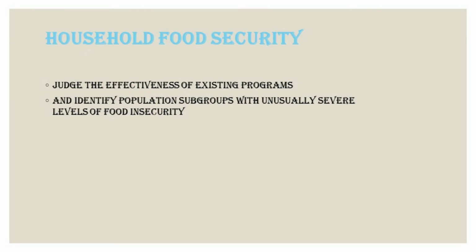Accurate measurement of household food security can help public officials, policymakers, service providers, and community groups assess the needs for assistance, judge the effectiveness of existing programs designed to help such households, and identify population subgroups with unusually severe levels of food insecurity.